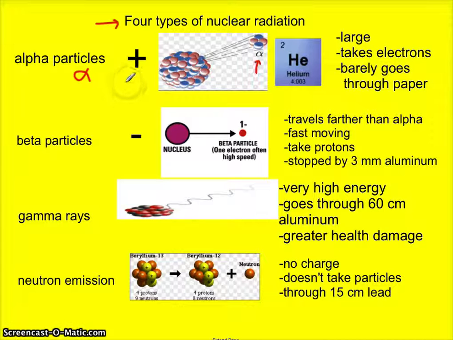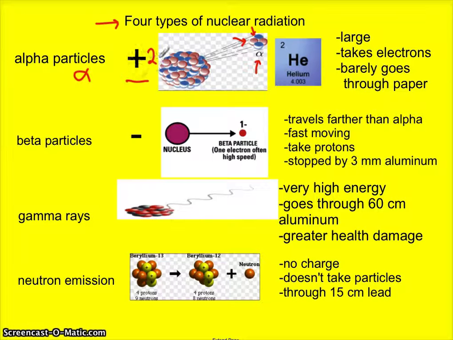Alpha particles have a positive charge. Now, here's why. Alpha particles are actually shooting out more than one item. You can see here that you have 2 red things, which are protons, and 2 blue things, which are neutrons. Now, if you have 2 protons and 2 neutrons, that's going to give you a positive charge, a charge of +2.